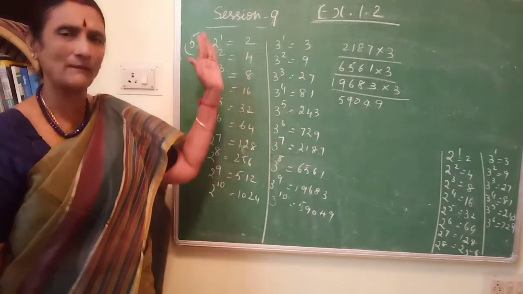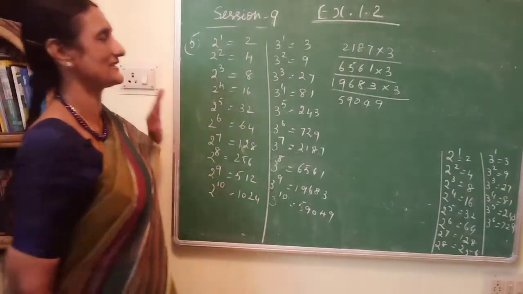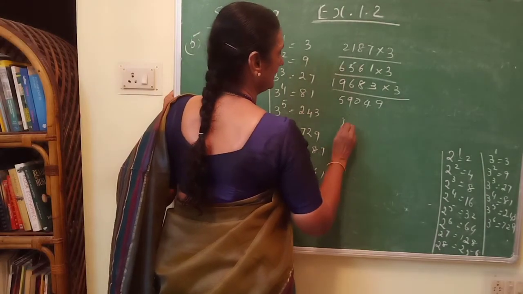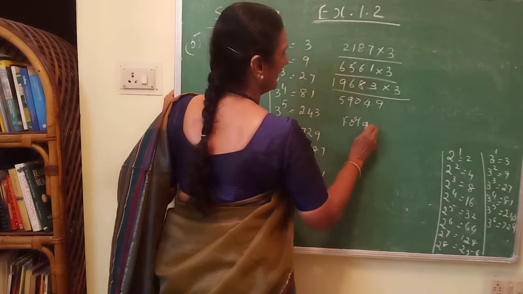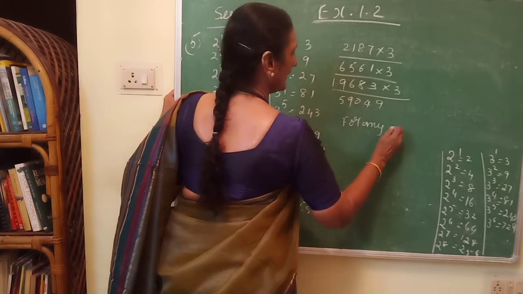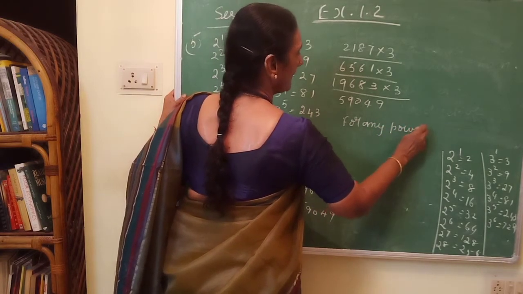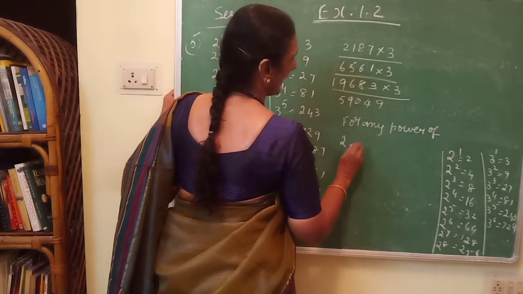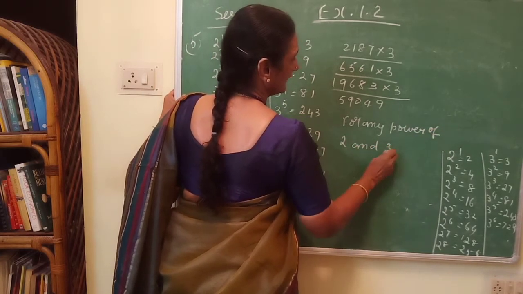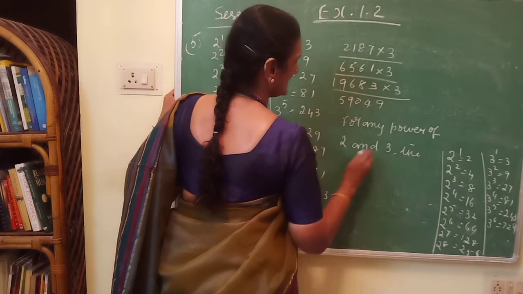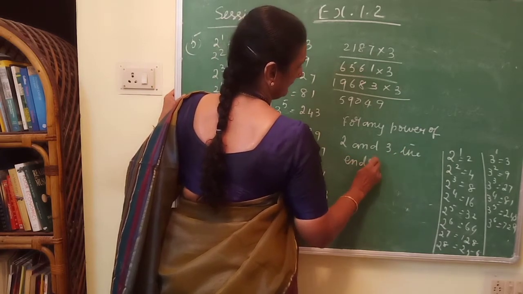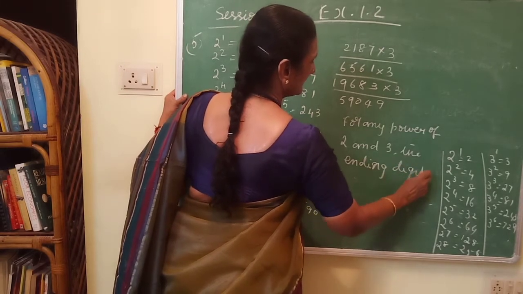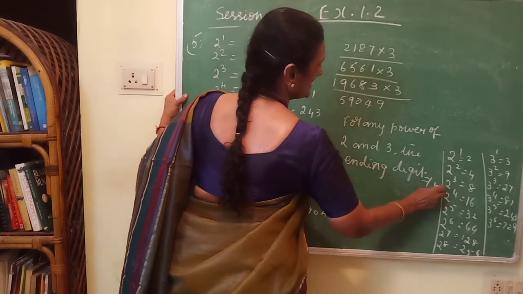So how will you sum up all these results and write the answer? For any power of 2 and 3, the ending digit is not equal to 0.